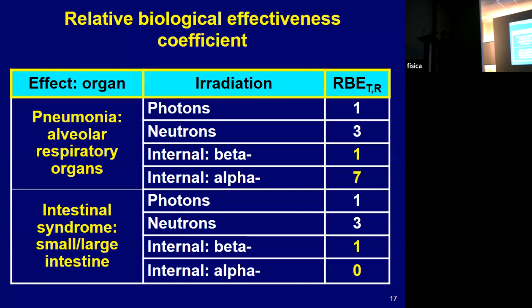Self-absorption of alpha radiation in the intestinal contents during the passage of radioactive substance through the gastrointestinal tract leads to the impossibility of developing an intestinal syndrome, which is reflected by the zero value established for this case.